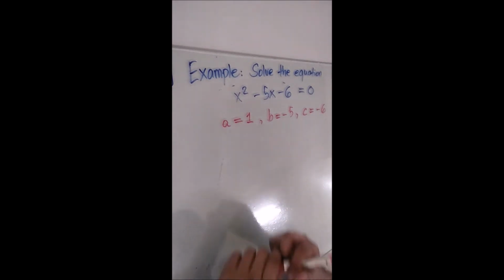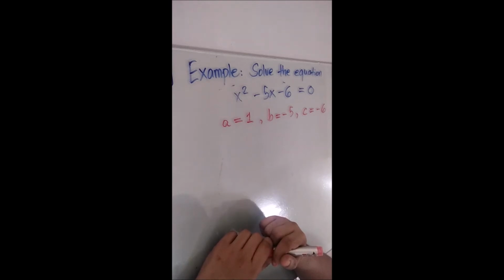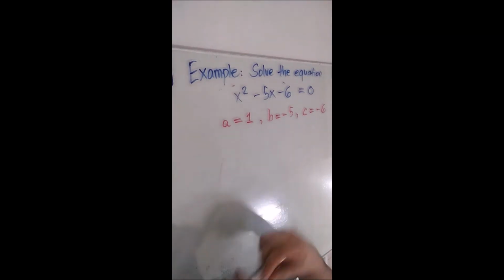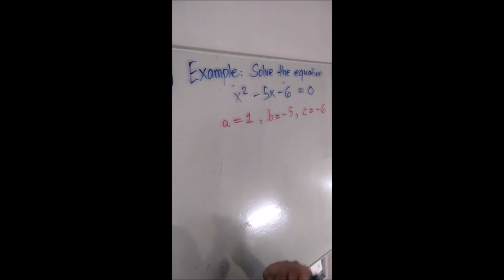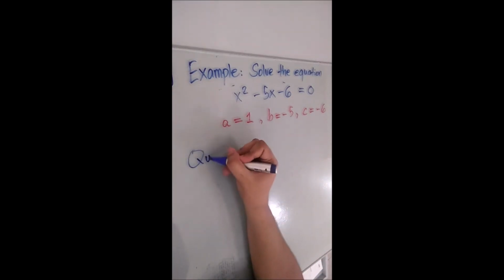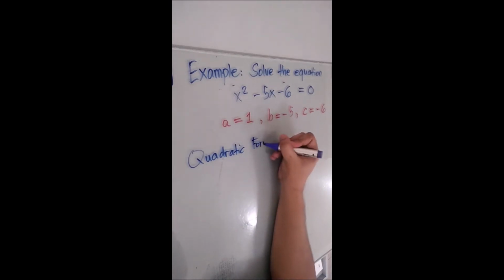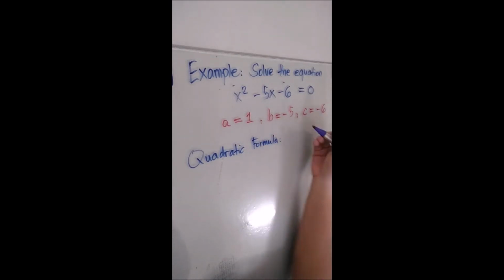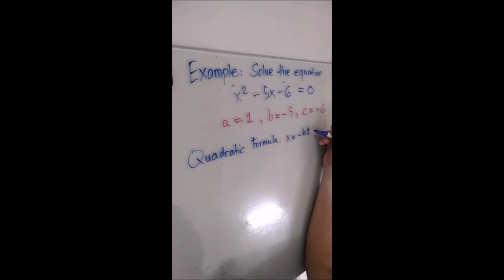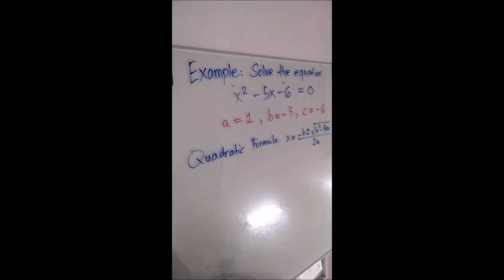Let's start solving the quadratic equation using the quadratic formula. What is the quadratic formula? x is equal to negative b plus or minus the square root of b squared minus 4ac, all over 2a. Please remember this.